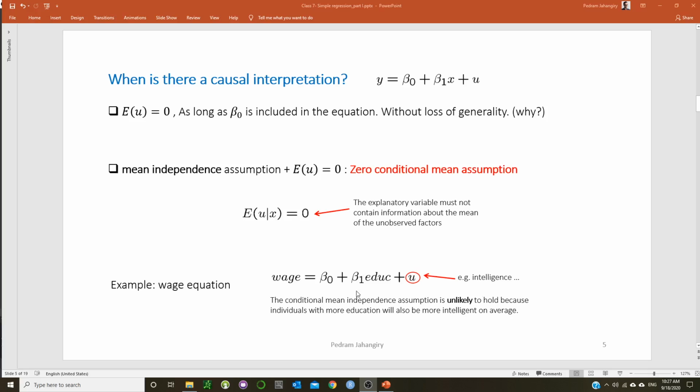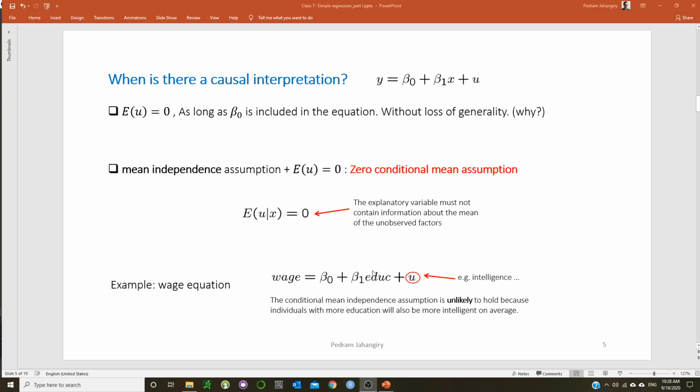For that reason, when I have a simple regression model with only one explanatory variable, there is a good chance that this is pure correlation. That's completely random. It's not causation. Or, put in a better way, we are less confident to claim that there's a causal relationship between education and wage. So what's the solution?